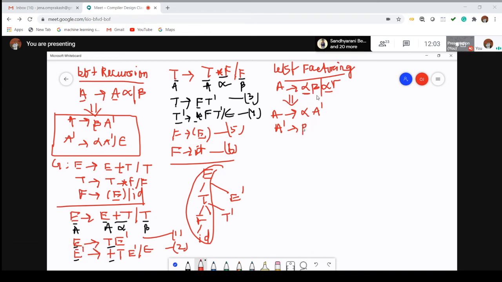A dash is nothing but either beta or gamma. This is the formula for left factoring. So if any production is of the form A to alpha beta or A to alpha gamma, then convert it to A to alpha A dash and A dash to beta or gamma.